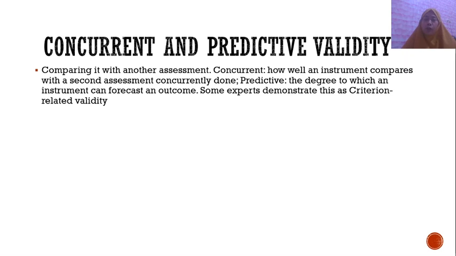It is similar to the qualitative one: in qualitative research we have triangulation, in quantitative we have concurrent and predictive validity. Meanwhile, predictive is the degree to which an instrument can forecast an outcome. So in predictive validity, the researcher predicts how well the instrument can measure the data he needs. Some experts demonstrate concurrent and predictive validity as criterion-related validity.